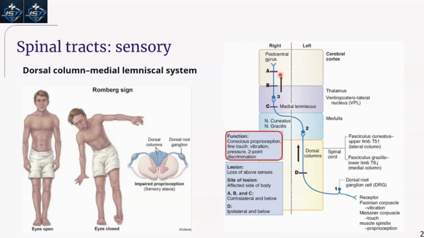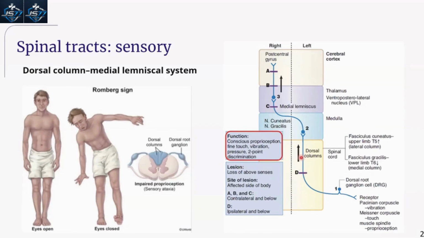So anything in the cortex, thalamus, or medulla, just above the medulla, would mean contralateral deficits because the neuron came from here. But anything after this decussation, regardless of where it is in the spinal cord, that is going to mean ipsilateral. So a lesion over here on the left, deficits on the left over here, because this is where the neurons traveled originally.